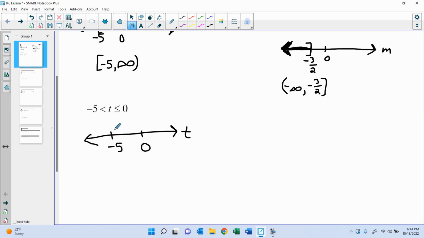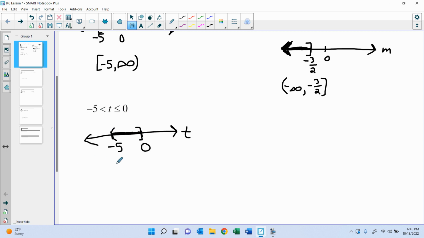So -5 is going to have parenthesis, and 0 is included. You have the equal part, so you're going to put a bracket, and then you're going to shade everything in between because T is literally between -5 and 0. That's what it says, and that's what we're graphing.